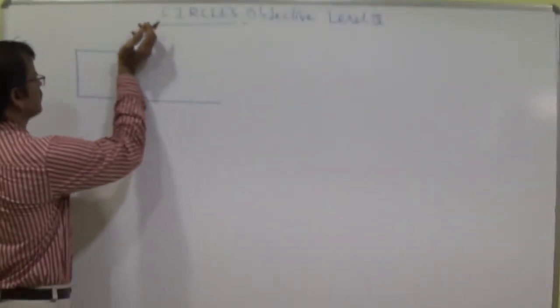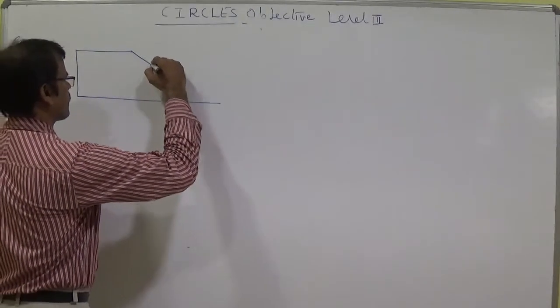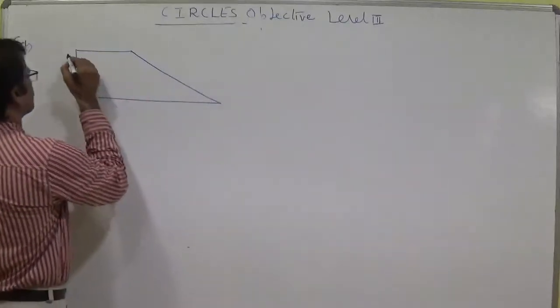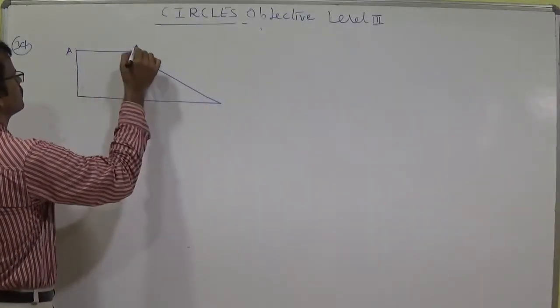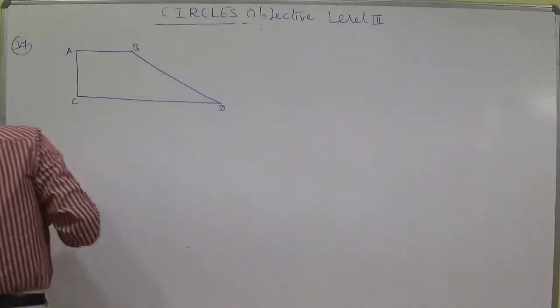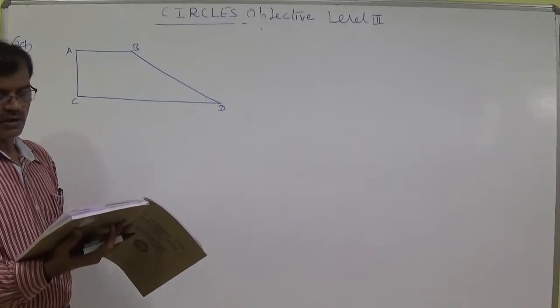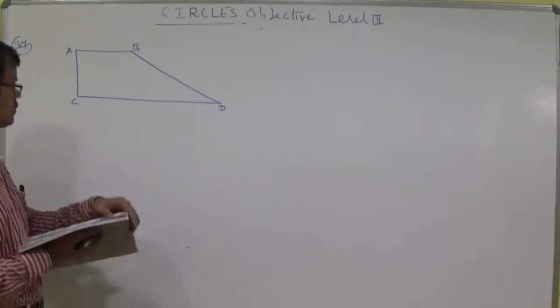34th. Draw the diagram like this. Later we can draw. This is A, B, C, D. According to the condition I have drawn: ABCD is a quadrilateral with area 18, with side AB parallel to CD.